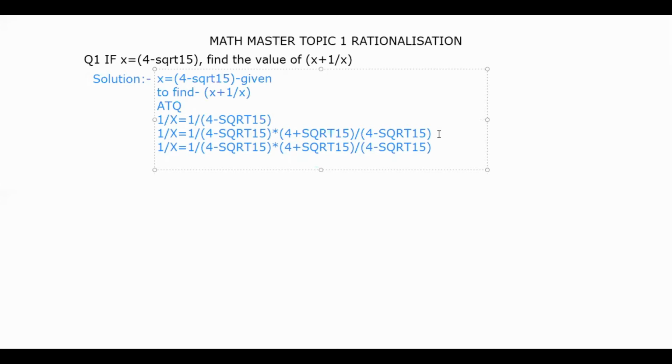Now you know that we can multiply numerator with numerator and denominator with denominator. This is the commutative property of multiplication.